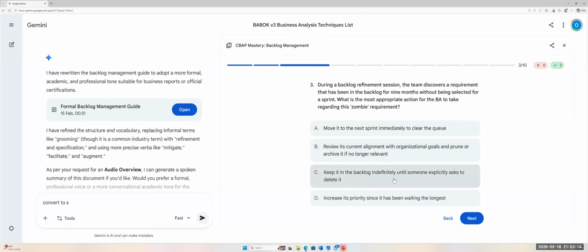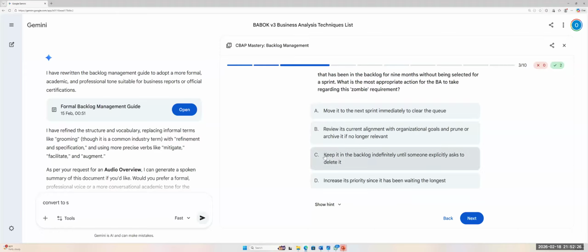Keep it in the backlog indefinitely until someone explicitly asks to delete it. Increase its priority since it has been waiting the longest. Okay, someone says B. Yeah, 2 people say B. All right. Okay. Does anyone have a contrary opinion?